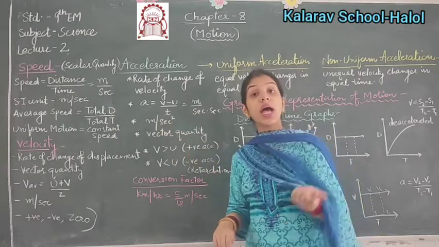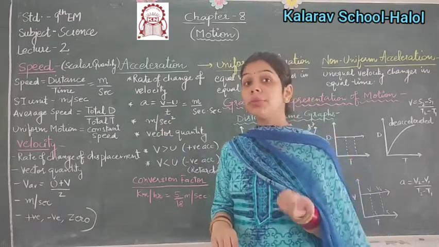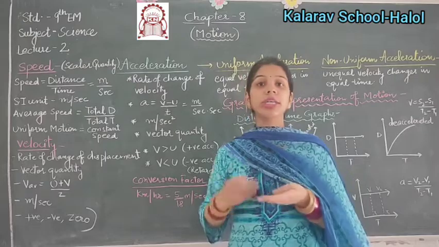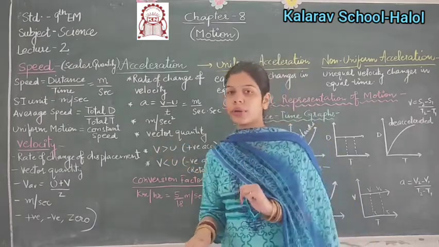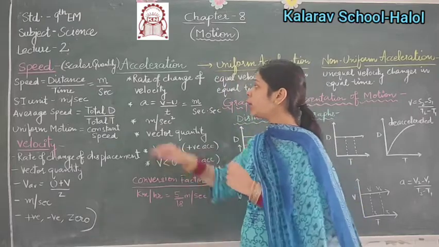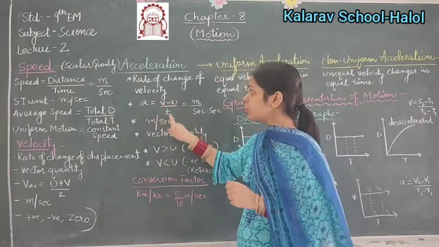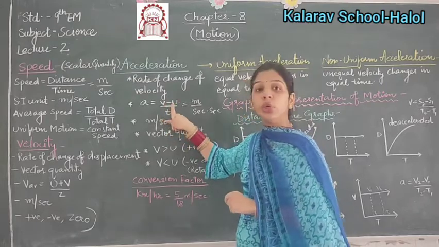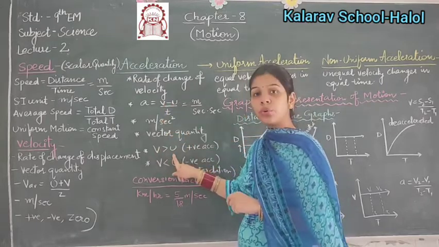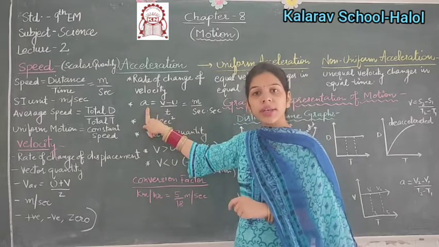Acceleration is also a vector quantity because it depends upon velocity, and velocity is a vector quantity. Point to be noted: v minus u upon t is the acceleration. If v is greater than u, the result is positive acceleration.